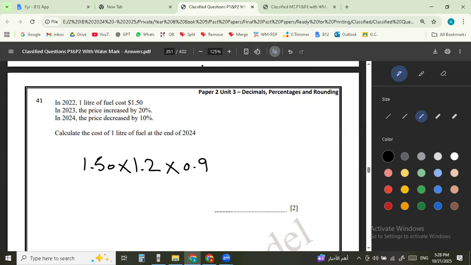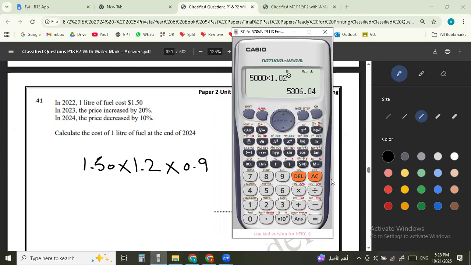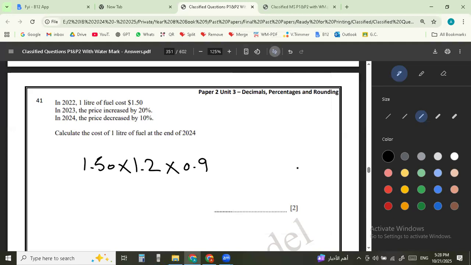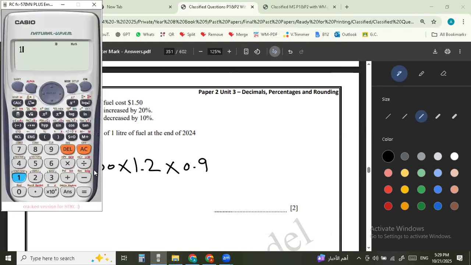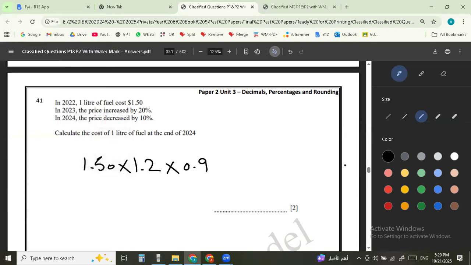What is the new price going to be? 1.50 times 1.2 times 0.9 equals $1.62. This is the new price.